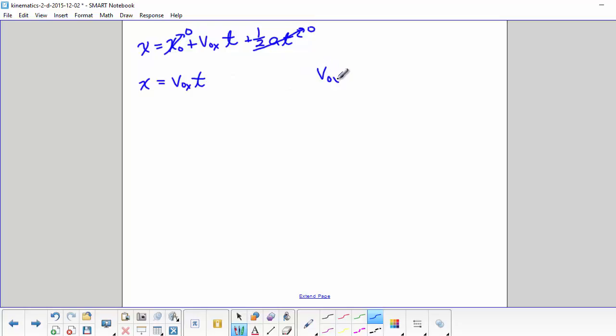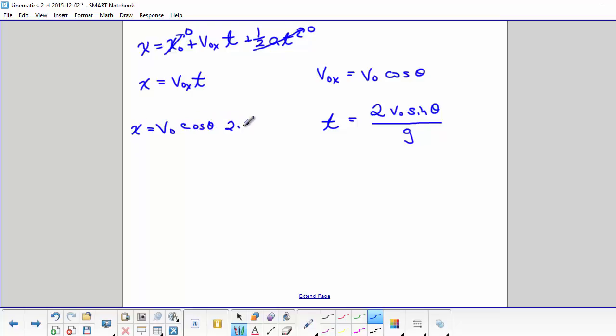Now v naught x is equal to v naught cosine theta, and t, the total time in the air, we found was equal to 2 v naught sine theta over g. So we'll plug those in, and we get x equals v naught cosine theta times 2 v naught sine theta over g.